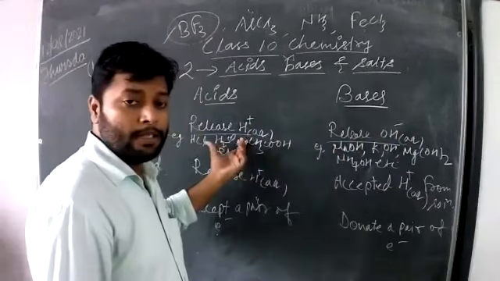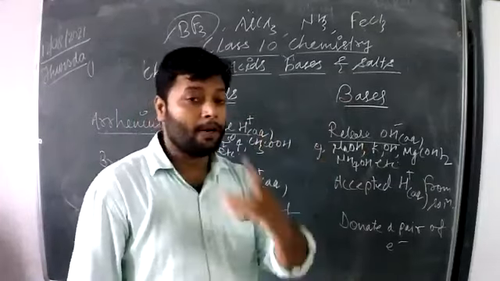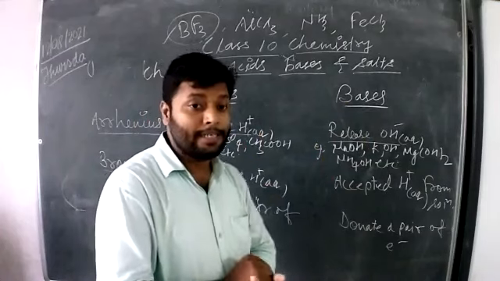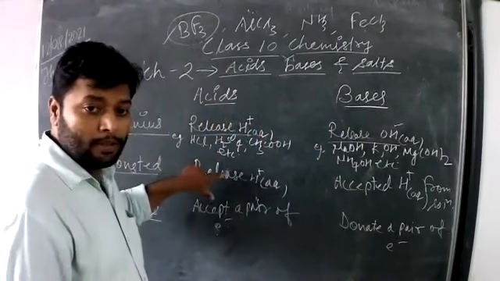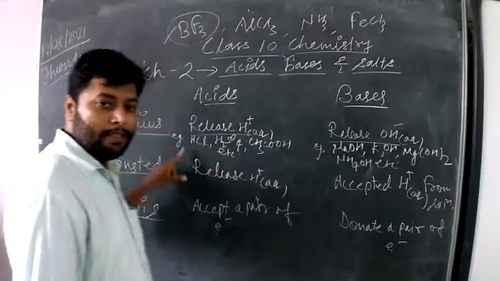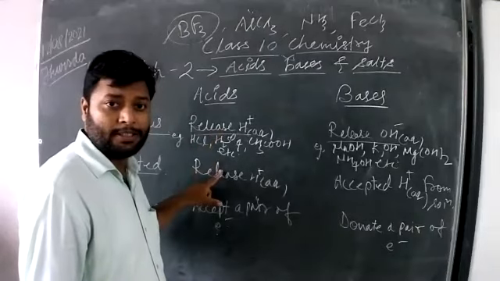These are some generally present acids and bases around you in the laboratory. What you learned easily. Bronsted, the concept is the same, so the examples will also be the same. These are also called Bronsted acids because there is no change in the definition.